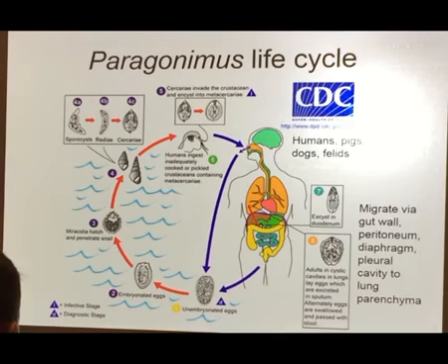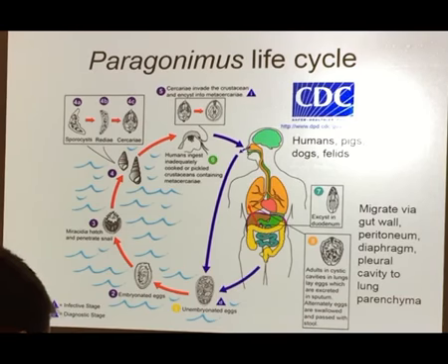When they arrive in a freshwater environment, they hatch, releasing a miracidium. That infects a snail. There's development that occurs in the snail. And then a cercaria emerges from the snail. So very similar to the other life cycles that we've discussed. But then once the cercaria emerges, there's an important difference. It infects a second intermediate host, just like Clonorchis and Opisthorchis.